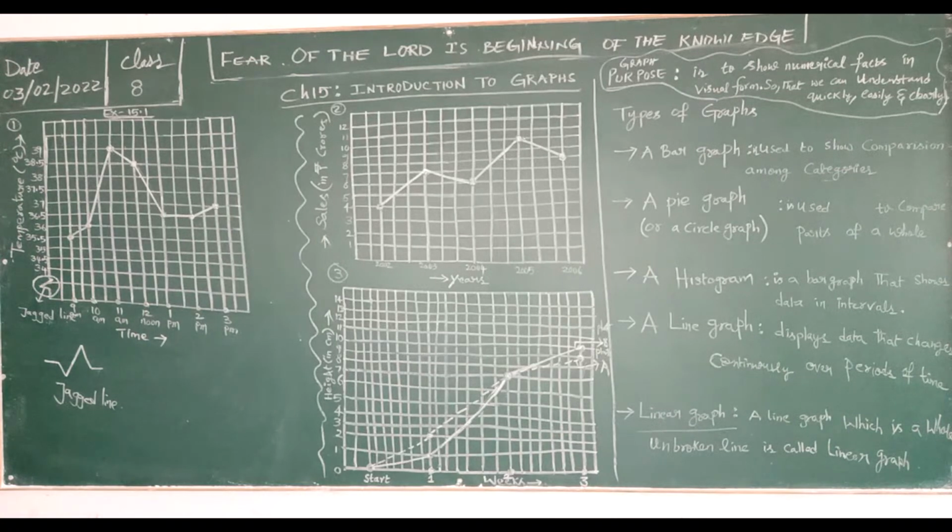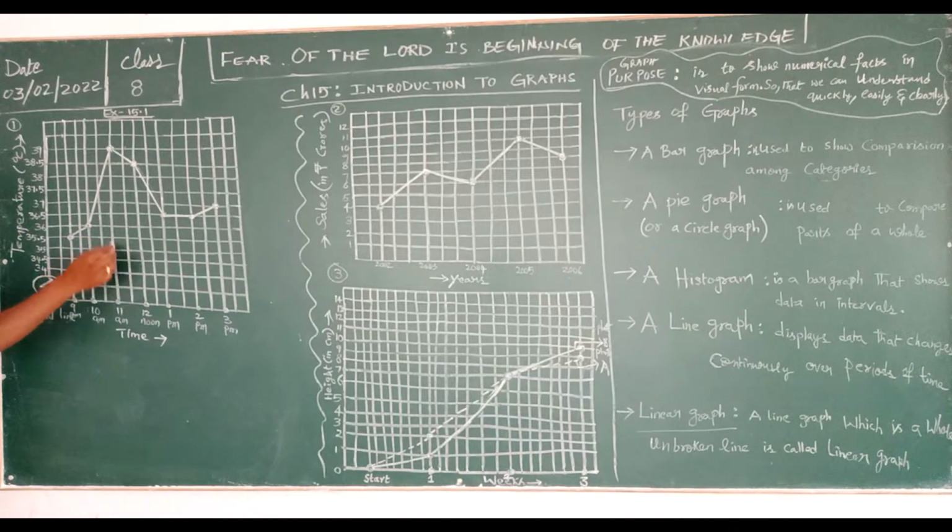Let me rub out this jagged line which I wrote here first, and then we will discuss. Now observe carefully. At 9 a.m., what is the patient's temperature? 35.5 degrees Celsius. At 10 a.m., 36 degrees Celsius.